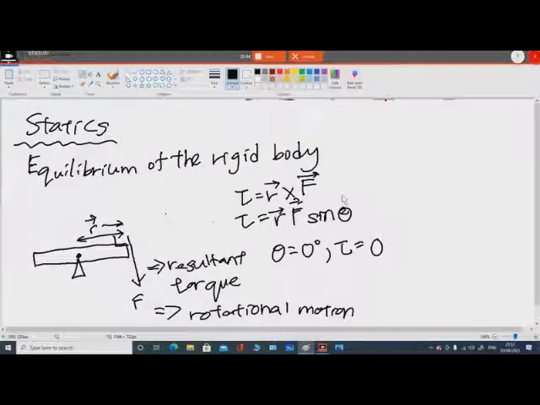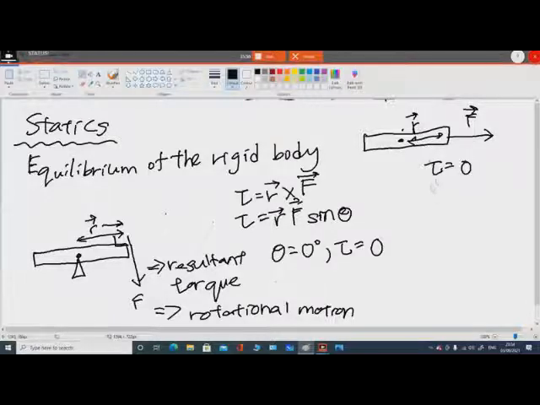Let me draw a plank here. It means that if the direction of the distance and the applied force are parallel, so this is the direction for the distance between the pivot and the force, and the force is parallel to the distance, this will not give us rotational motion, by saying that torque is equal to 0.